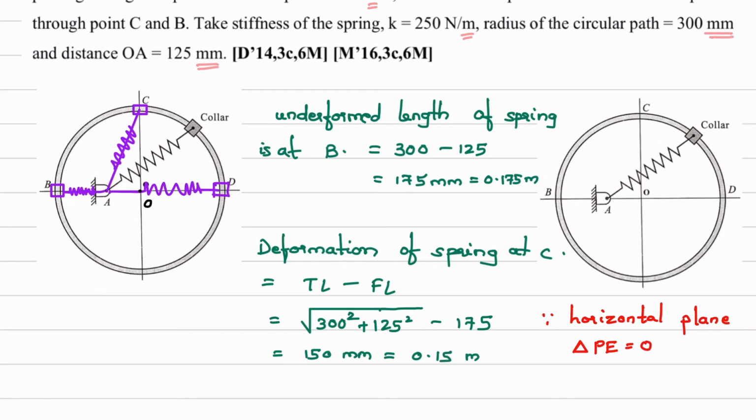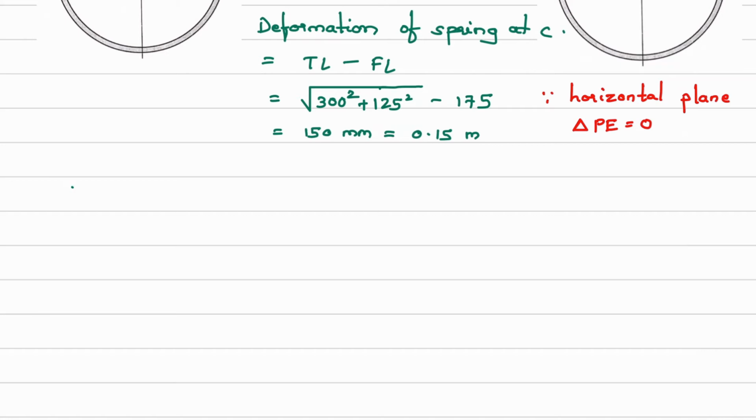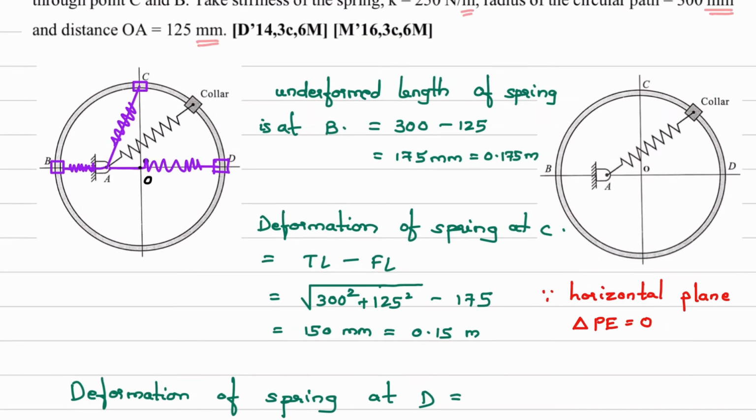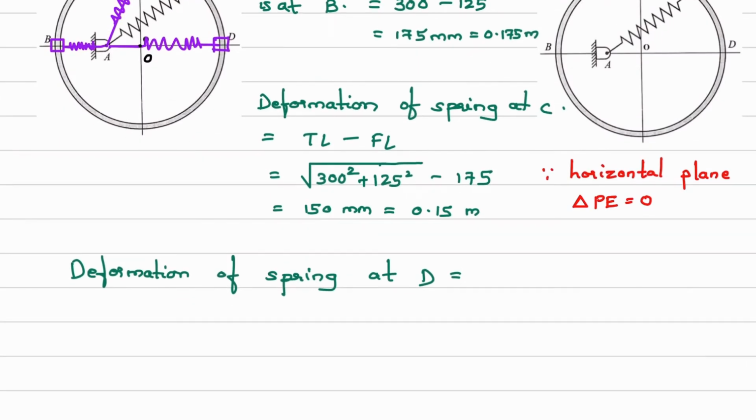Next we will calculate deformation of spring at D. Here what will be the deformation? When you consider this position D, the spring is elongated. So I'll write the deformation equation. Deformation of spring at D will be equal to total length minus free length, since this is again expansion, the spring is stretched.